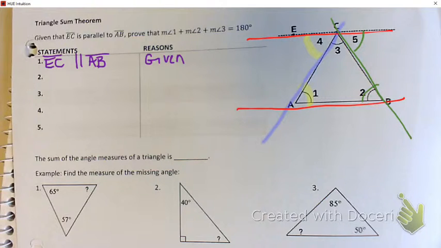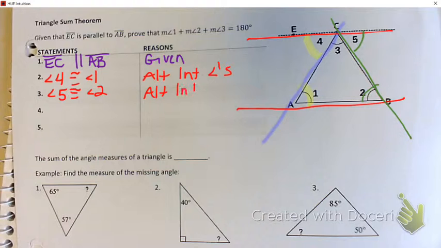Alternate interior. Okay, so here's what I know so far. I know that angle 4 is congruent to angle 1, and I know angle 5 is congruent to angle 2. And the reason for both of those is alternate interior angles. Because those two lines are parallel, it makes these alternate interior angles, and alternate interior angles are congruent.